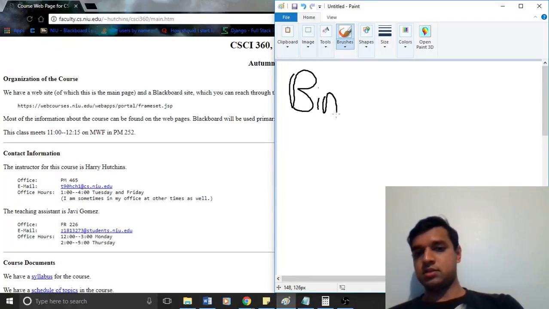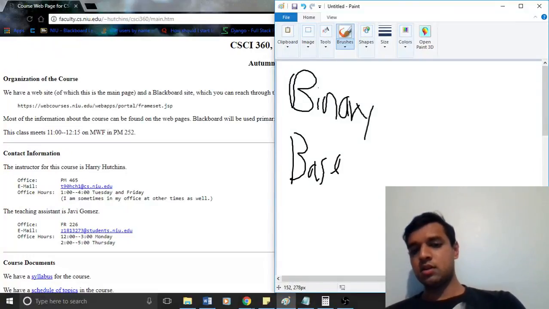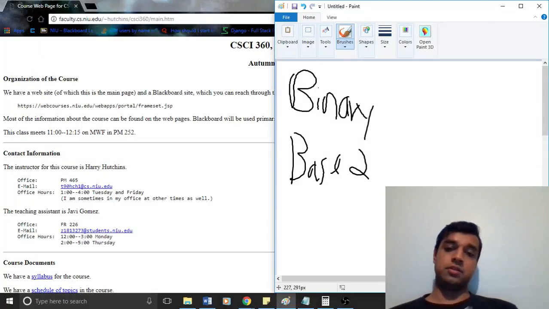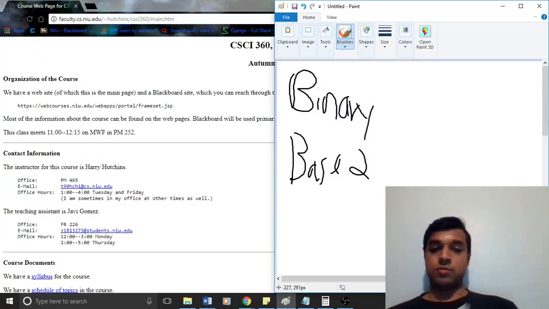So let me try to do a binary number system. Binary is done through base 2. A lot of people don't understand binary number system at all. Binary number systems are used to communicate with a computer. A good example of this is, imagine you have a bunch of data that you get in from a client.